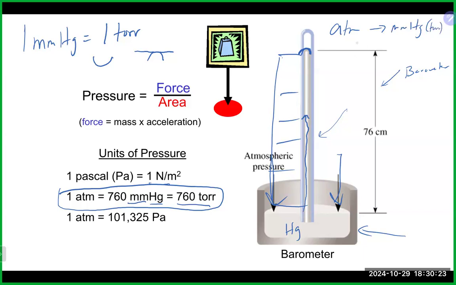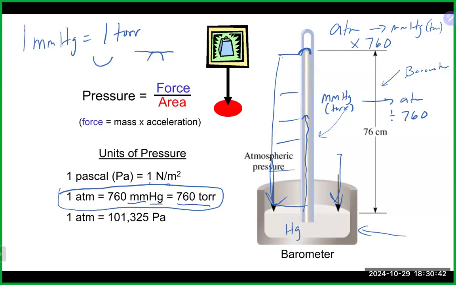You need to multiply by 760. And if you have millimeters of mercury or torr, and you want to go to atmospheres, you need to divide by 760. So that 760 is a really good conversion factor.